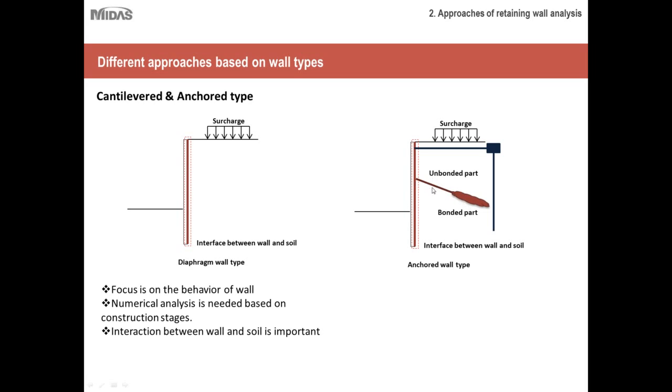Whenever we are dealing with these types of bolts or anchors, they could either be bonded, just at the end or throughout, like a soil nail, or they could be unbonded, where there is no grouting whatsoever and they are just drilled through.